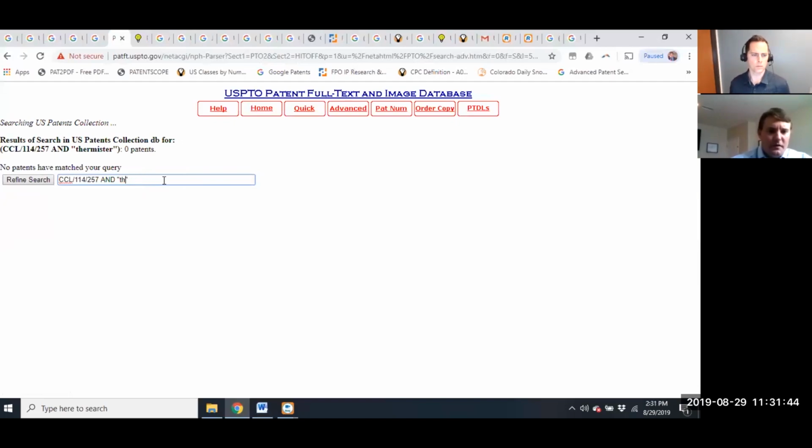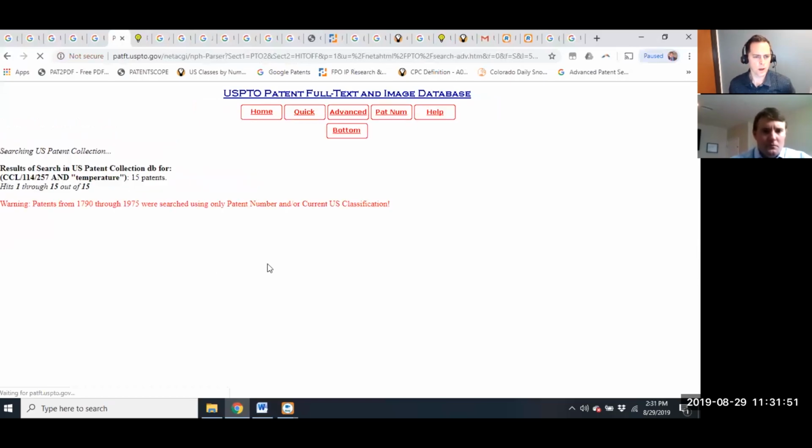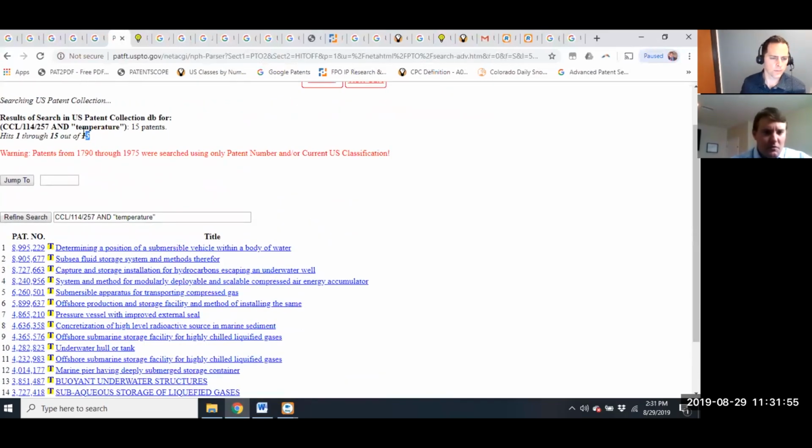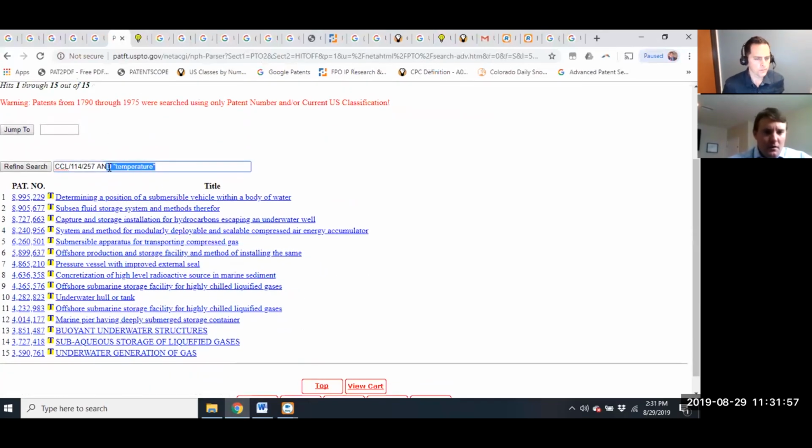Okay, not quite there. So what we've done is drop the 95 or so patents down to 15 that are submersible containers that do something with temperature.